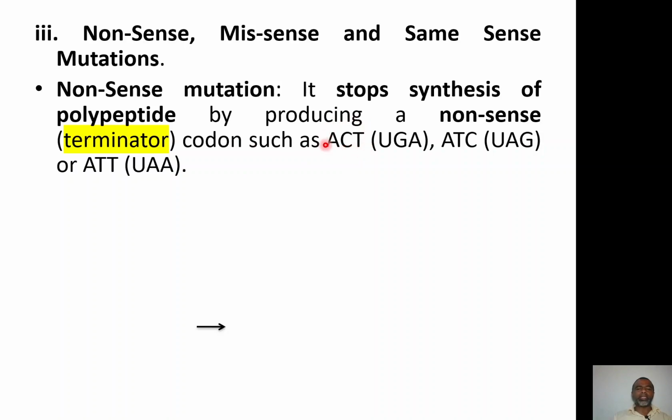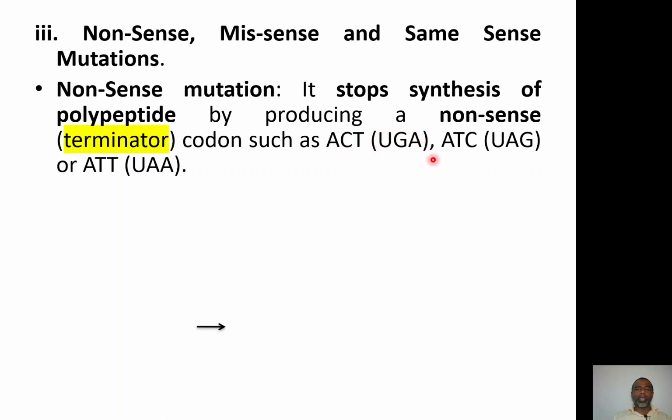So, ACT will be transcribed in the messenger RNA in the form of UGA, because in the mRNA no thymine is there. Opposite to adenine the complementary base will be uracil, opposite to cytosine it will be guanine, and opposite to thymine it will be adenine.